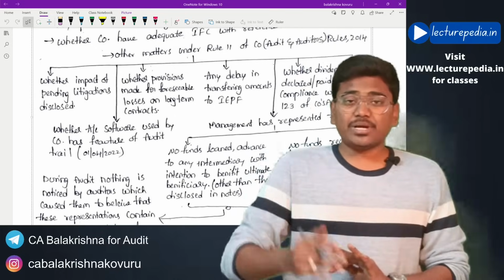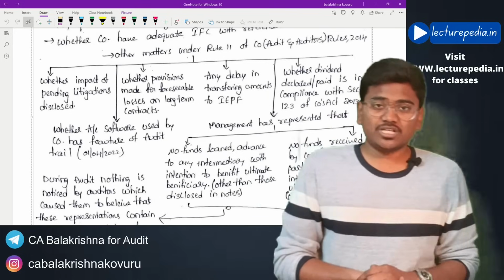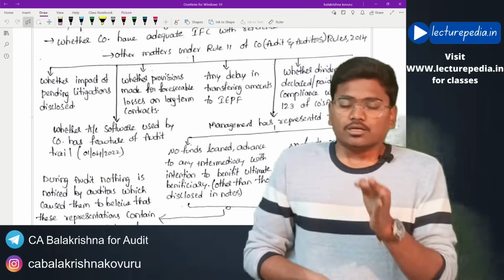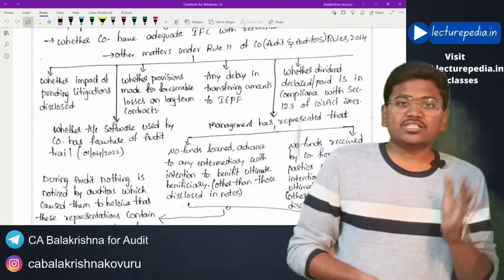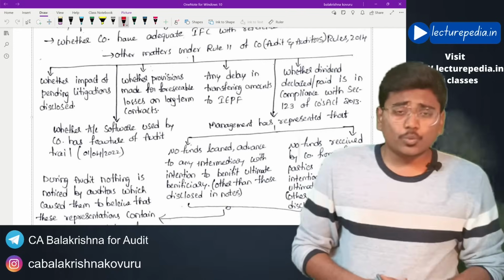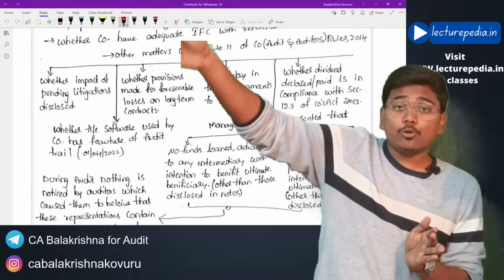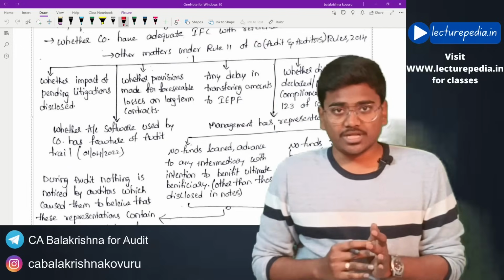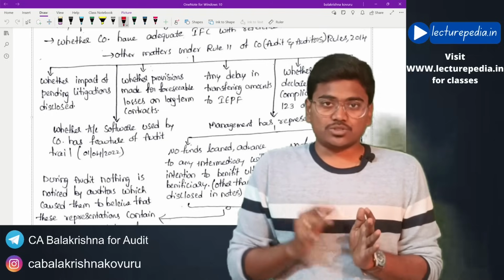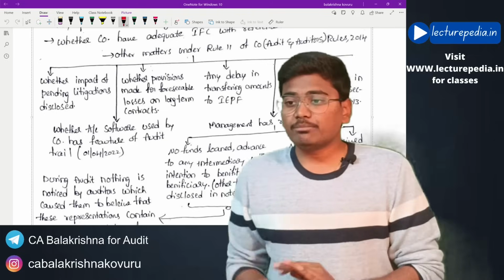If there is any impact, whether such impact has been properly disclosed in the financials of the company. Simply, whether the impact of litigations has been properly disclosed in the financial statements. Next, whether provision for the foreseeable long-term contracts has been made in the books of the company, including derivatives. That is the second point that has to be reported as per rule number 11.